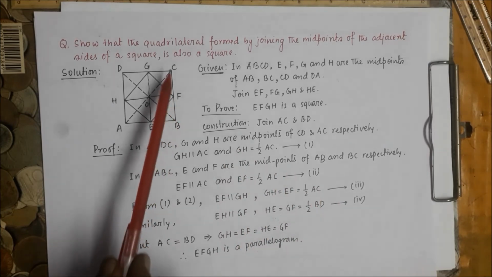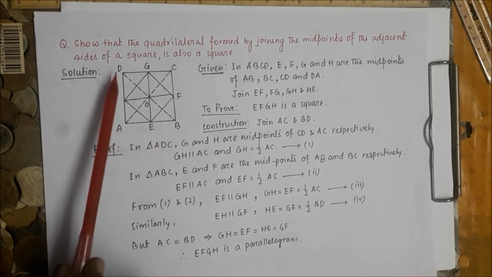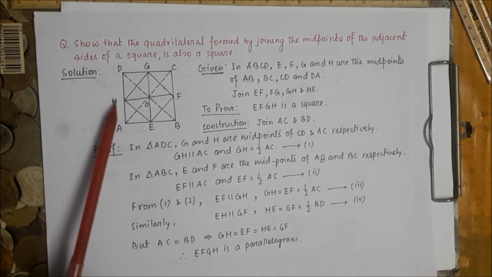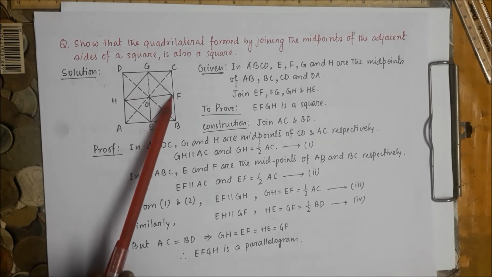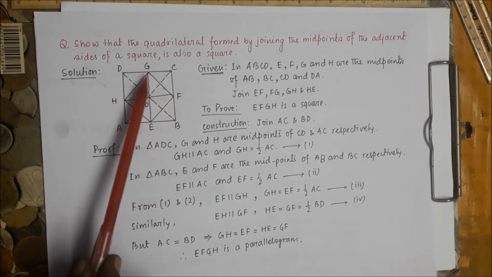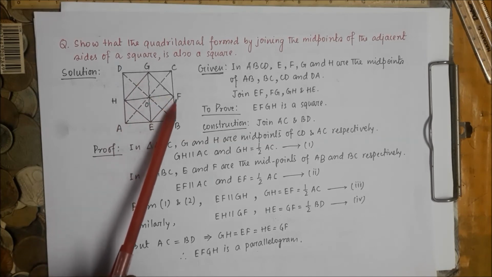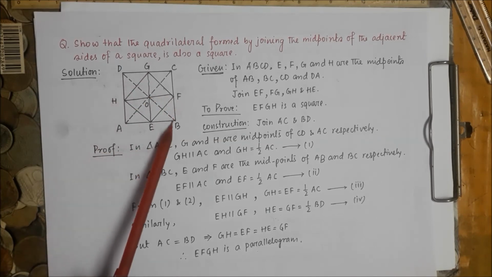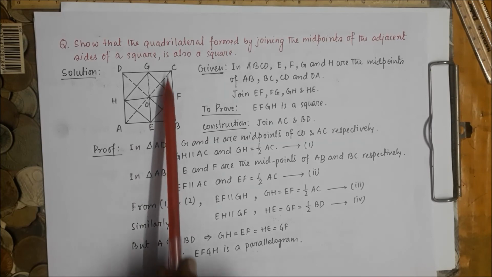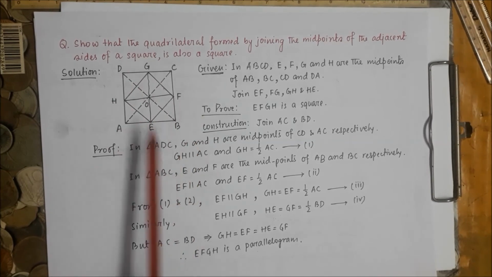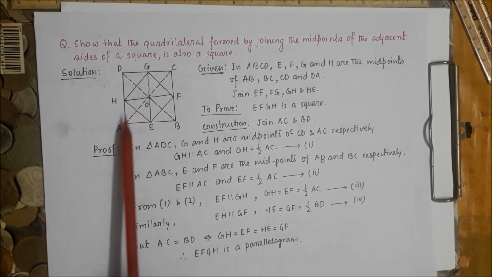Now if you take the other part of the triangle, similarly we can prove that HE is parallel to GF and HE equals GF equals half of BD. Now, since ABCD is a square, the diagonals of a square are equal to each other.